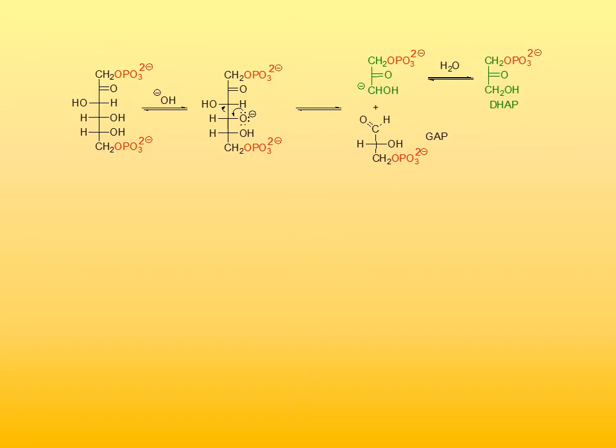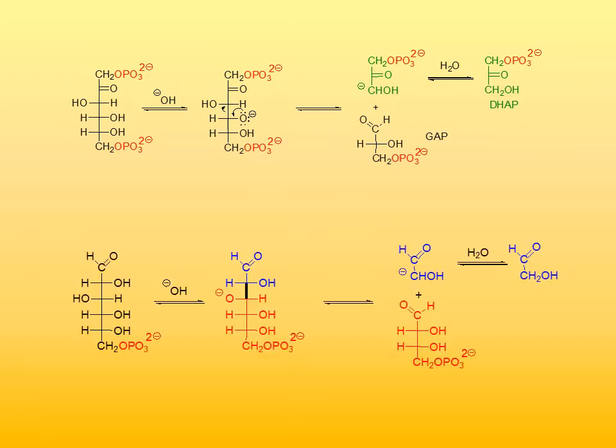Now, had the retroaldol cleavage occurred in glucose, then the products would have been 2-carbon and 4-carbon fragments, and that would have required two different metabolic pathways for further processing, and it would have been very inefficient.